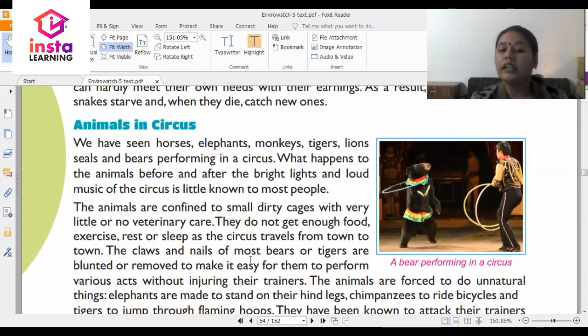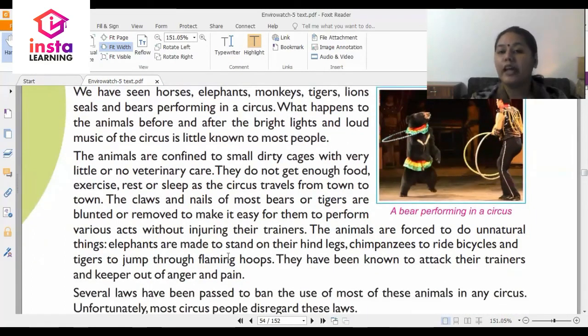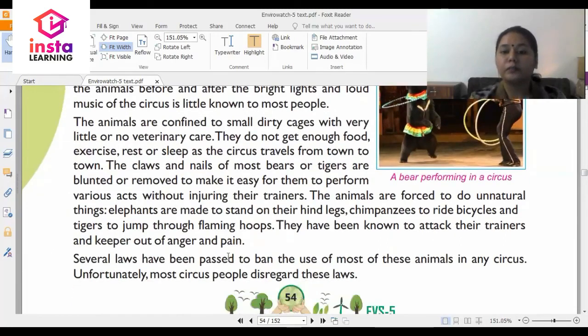The claws and nails of most bears or tigers are blunted or removed to make it easy for them to perform various acts without injuring the trainers. Animals are forced to do unnatural things. Elephants are made to stand on their hind legs, chimpanzees are made to ride bicycles, and tigers to jump through flaming hoops.